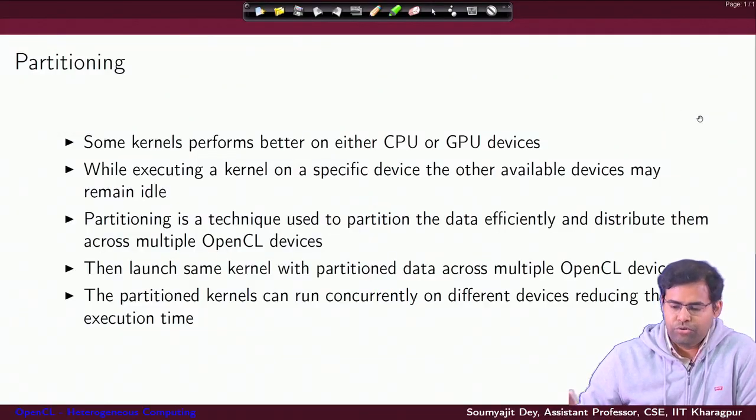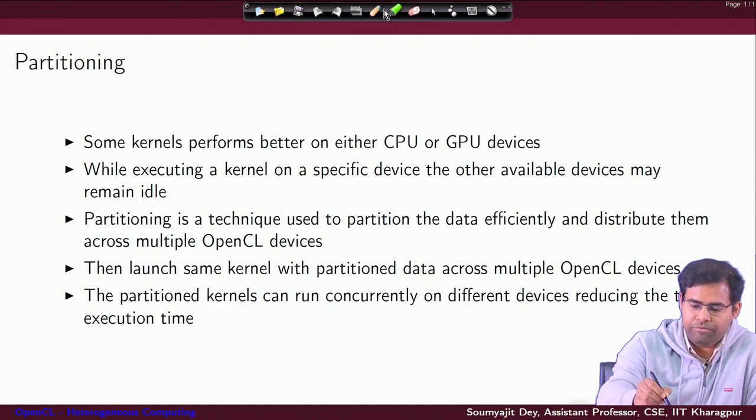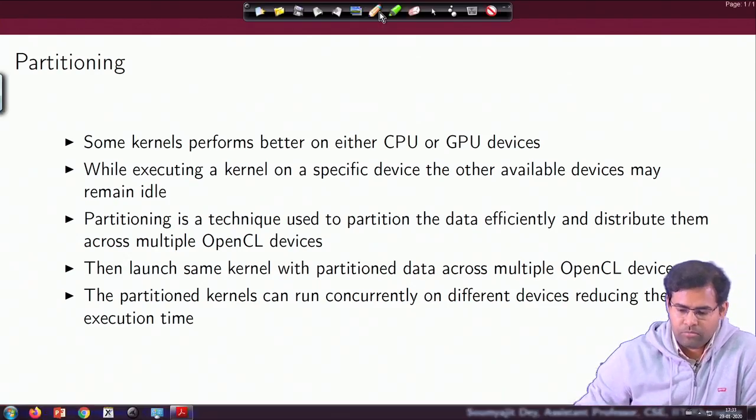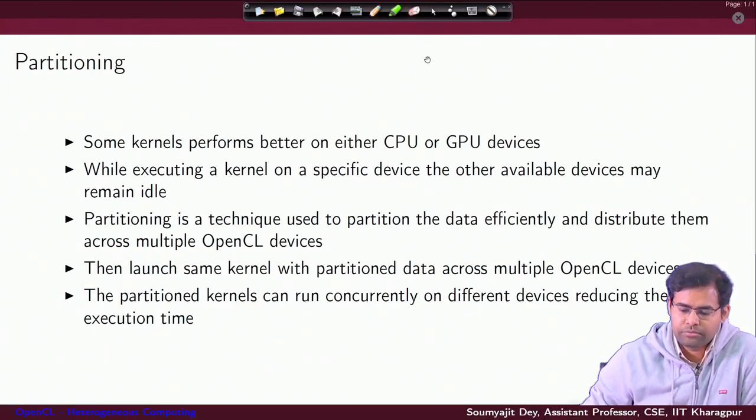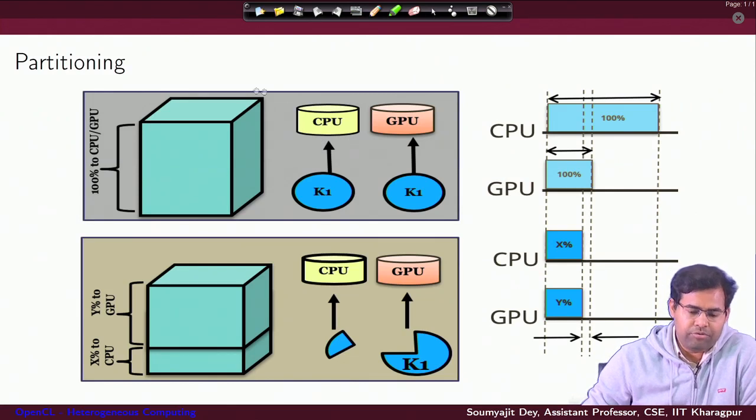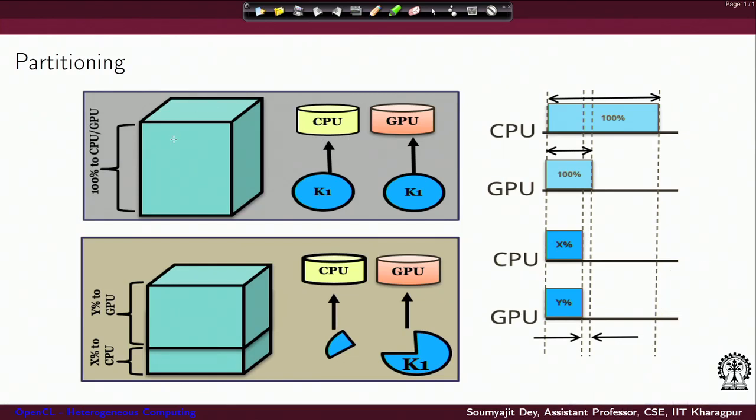So, just to create a problem space here, this is what we can do. Suppose you have this kind of kernel, and you are trying to submit it, and this is the full job. This is the full data space on which this kernel K1 is going to work. It is essentially defining a transformation which will be carried out on the entire data space. You can dispatch that kernel to the CPU and get the work done on this data space.